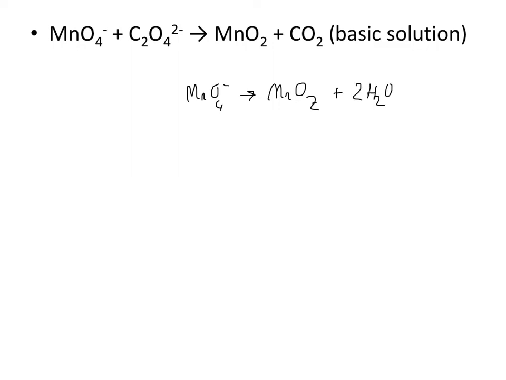And now that leaves us with an excess of hydrogen, which we'll add to the left as hydrogen ions. Because we're in basic conditions, we're going to have to neutralize that excess hydrogen ion with 4 hydroxides. And if we add the hydroxide to one side, we have to add it to the other.